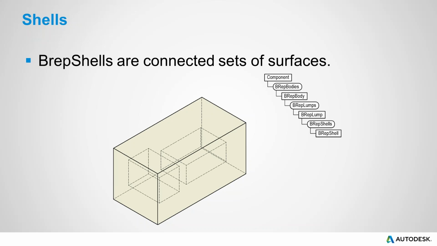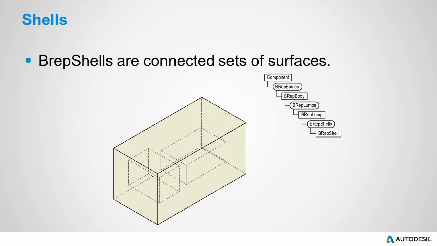The next thing down is something called a shell, and in the API we call it BREP shell. These are also a set of connected surfaces. In this case with this box, I've got two voids, so they don't connect outside, they're just hollow spaces within this box. Each of these is a shell, because they are all part of the same lump and the same body.